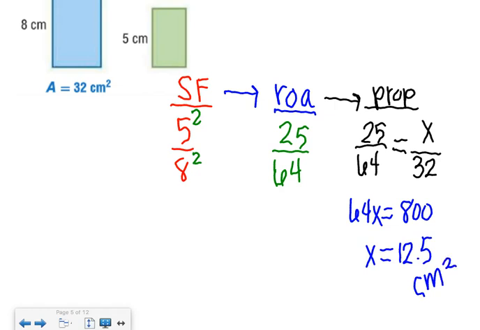Do you guys get 12.5? Yeah. So that's really what we're doing today.